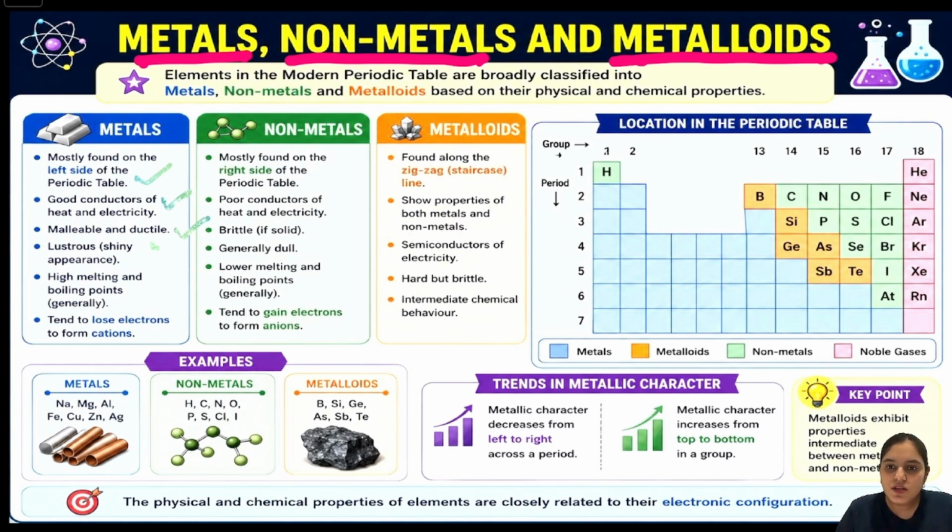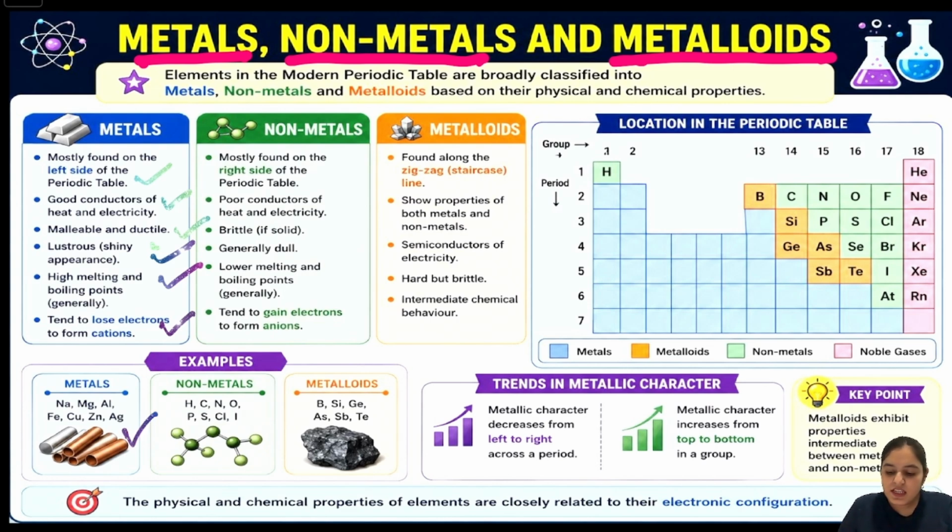They generally have high melting and boiling points. Chemically, metals tend to lose electrons and form positive ions called cations. Some examples of metals are sodium, magnesium, aluminium, iron, copper, zinc and silver.